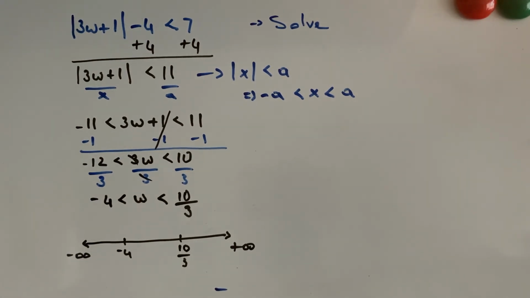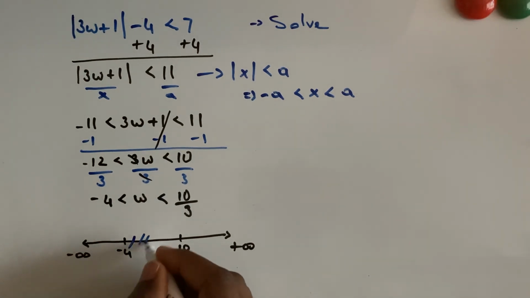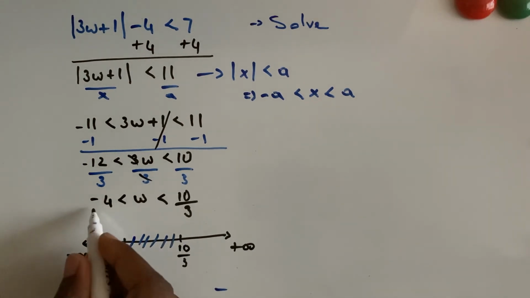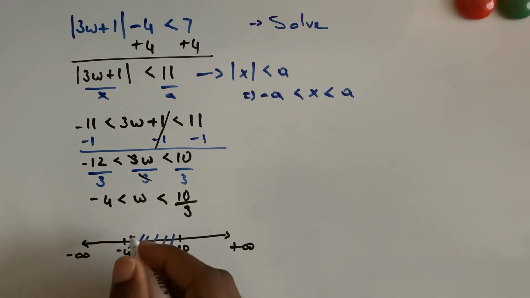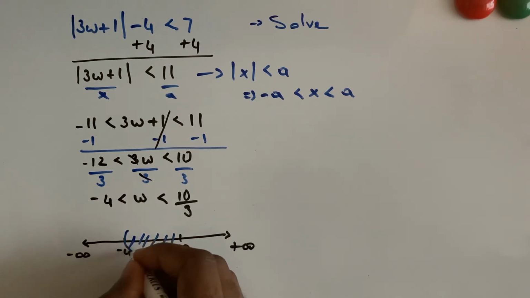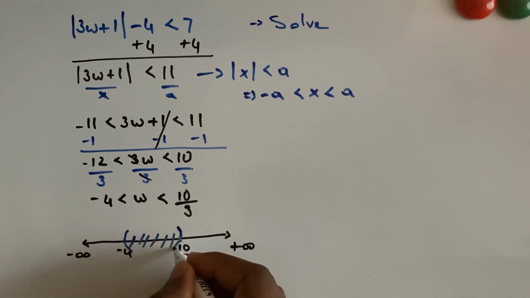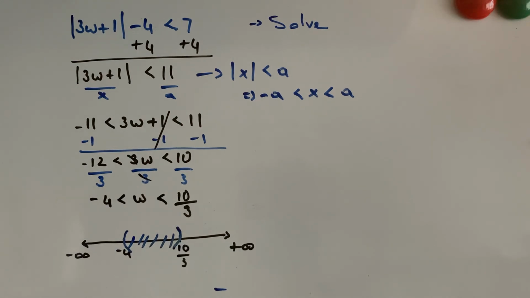Now, as you can see, w is between these two values, so the solution will be here. Again, you have less than, so strict inequality here. So I have to use parenthesis, not bracket, because there's no equal. So I have to use parenthesis here.